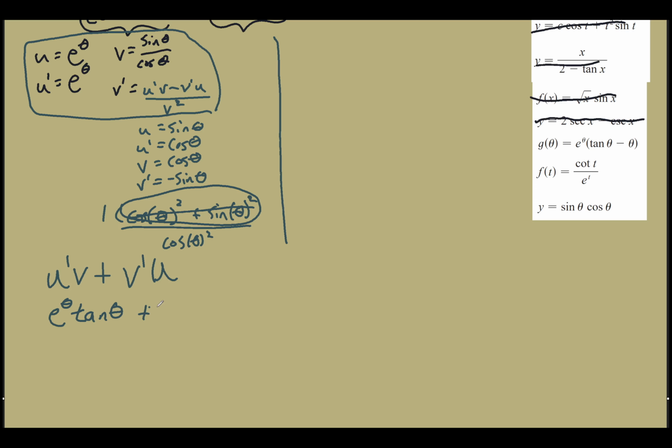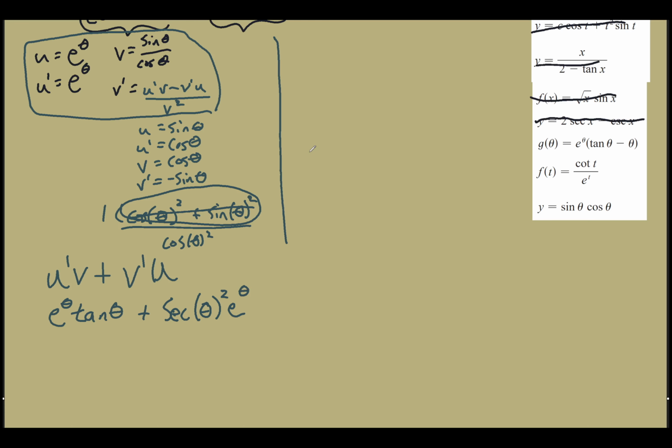Plus v prime, which is 1 over cosine. You know what? Let's write it as what it is, which is secant theta squared times what? E to the theta. That's what u is. Okay, so that's what we have there.